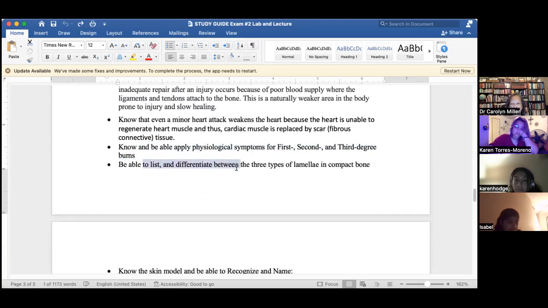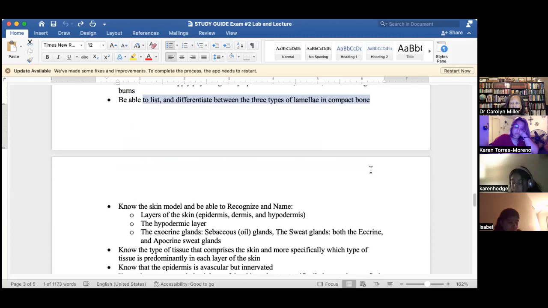Be able to list and differentiate the 3 layers of lamellae in compact bone. This is right off of the lab. We did this in lab 11. Remember, we had concentric lamellae around each unit. So this sounds like an essay, be able to list. Concentric lamellae around each unit of bone, which is an osteon, that circle.